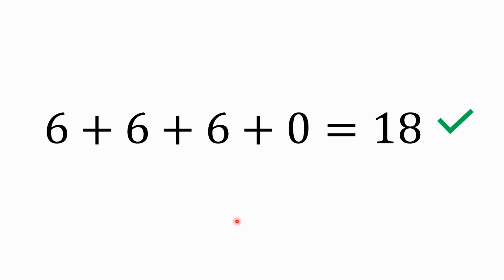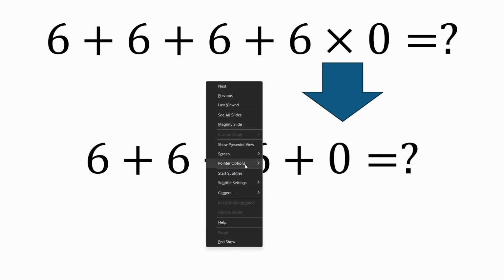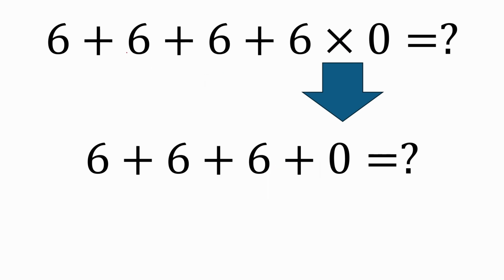I know there's a lot of people out there. Probably the most common incorrect answer is 0. A lot of people believe that you simply add these numbers all up and then multiply by 0. That's actually not true. In order to do that, you'd have to put parentheses around all of the addition.